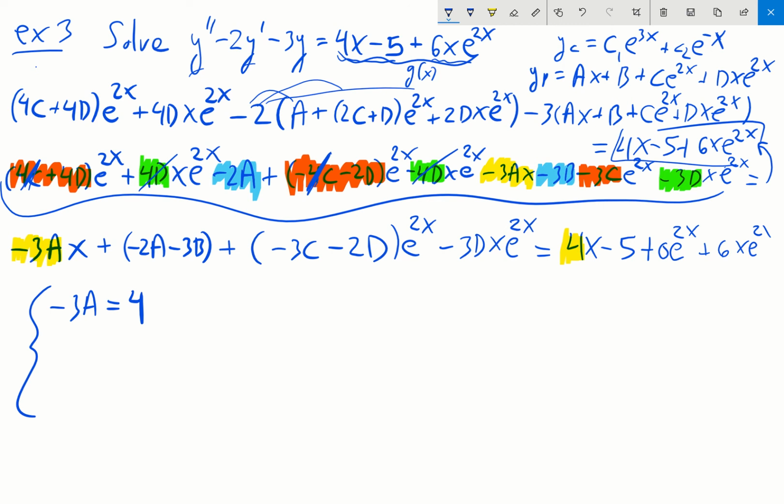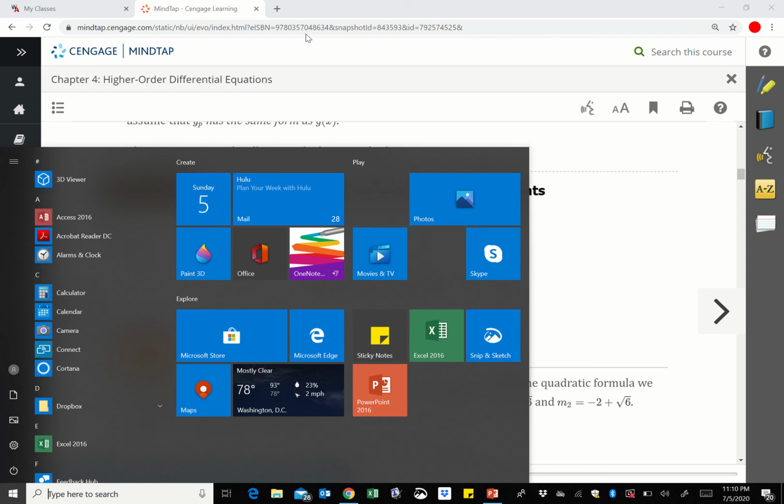Let's now compare and equate the constant coefficients. The negative 2a minus 3b, that's the constant on the left-hand side, has to be equal to the constant on the right-hand side. Therefore, negative 2a minus 3b has to be equal to negative 5.